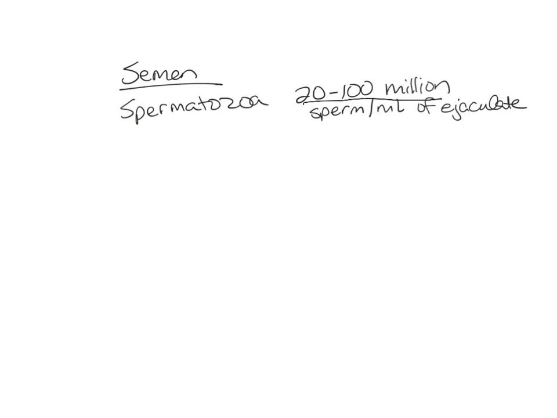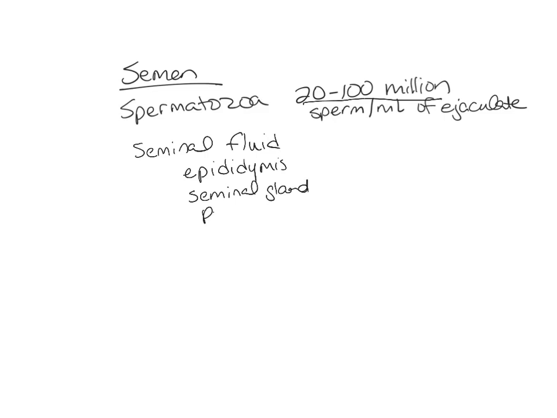There will also be the seminal fluid, and the seminal fluid contains the fluid from the epididymis as well as the fluids from the seminal gland and the prostate gland and the bulbourethral gland.